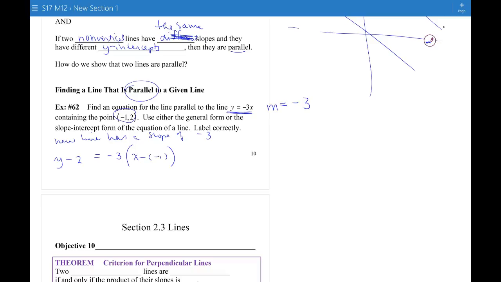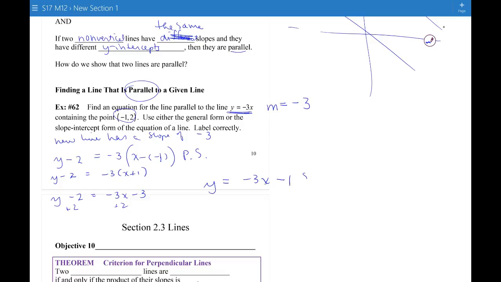But this has to use either the general form or the slope-intercept form. So this is the point-slope form. y minus 2 equals negative 3 times x plus 1. If I solve for the y, add 2 to both sides, and get y equals negative 3x minus 1.